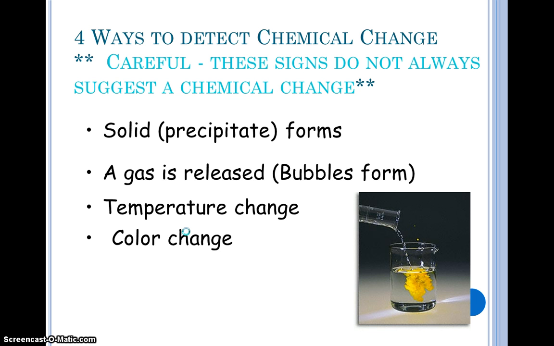But the 4 signs of a chemical change are making a solid, which we call a precipitate in chemistry class, releasing a gas, which is seeing bubbles form, having a significant temperature change, or seeing a significant color change. I will explain these 4 signs in much more detail tomorrow before you start the lab. But these are the 4 things you always want to look for to determine, am I just doing something physical or am I doing something chemical?